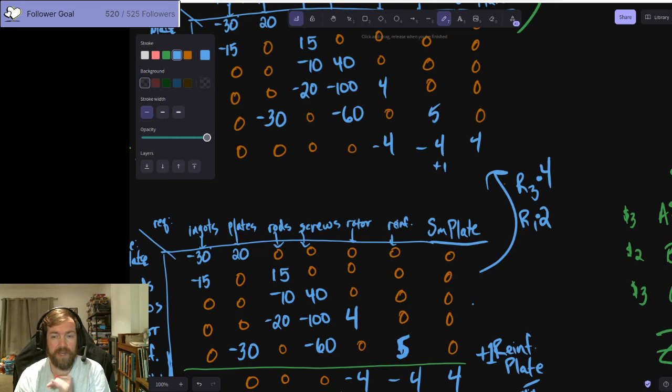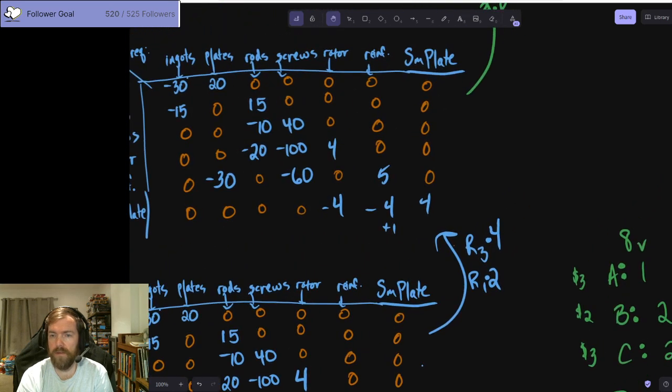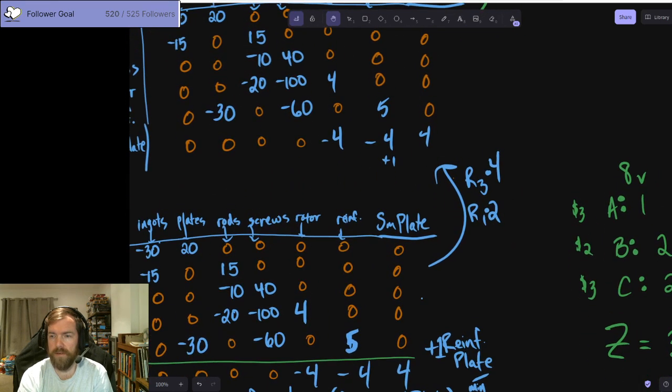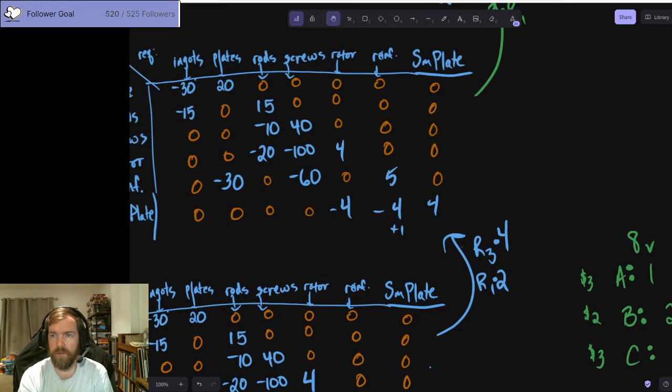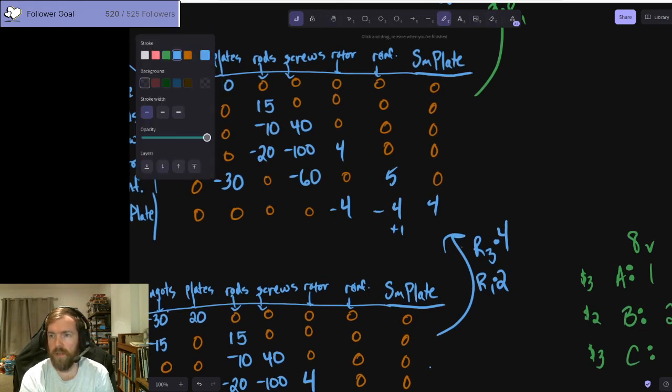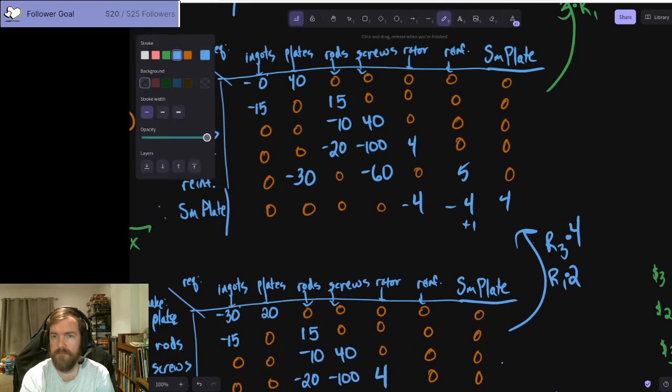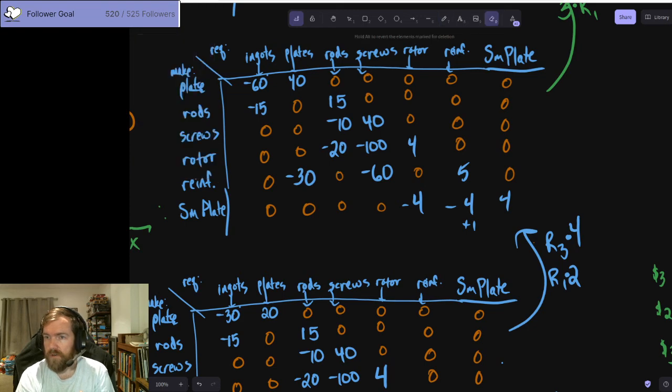So we're going to need extra plate anyway. So row 1 is going to be doubled. It's going to get us 60, 40. Row 3 was going to be quadrupled. So that's 160 and 40.